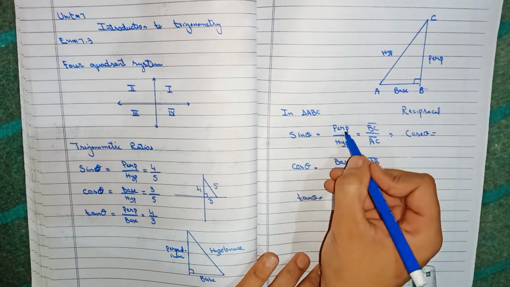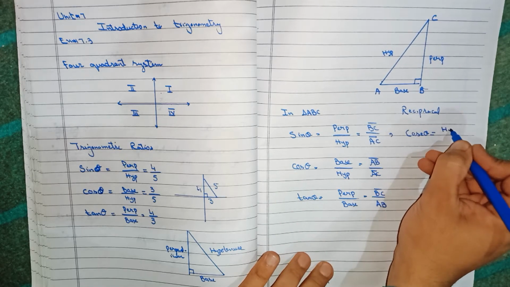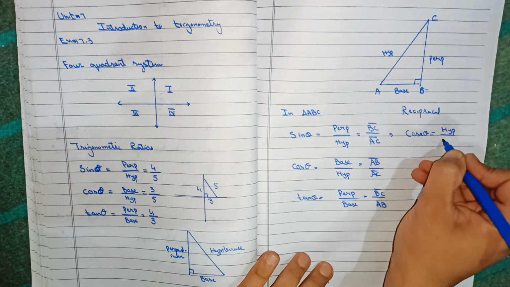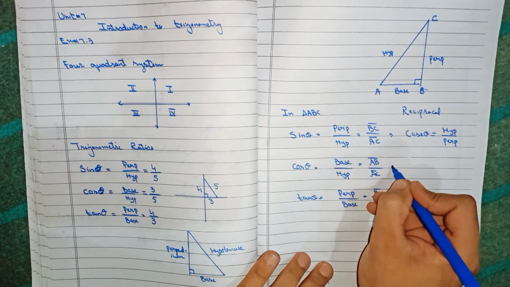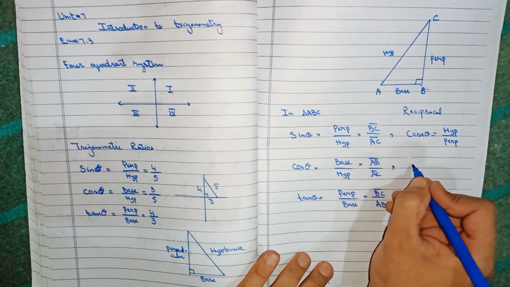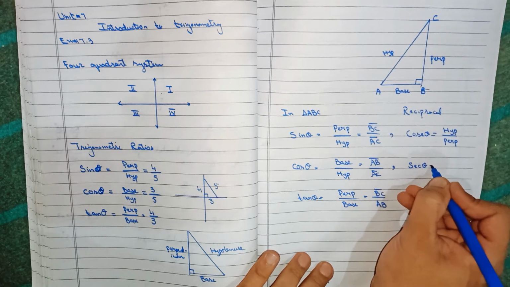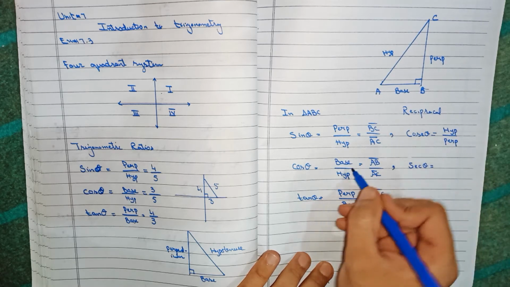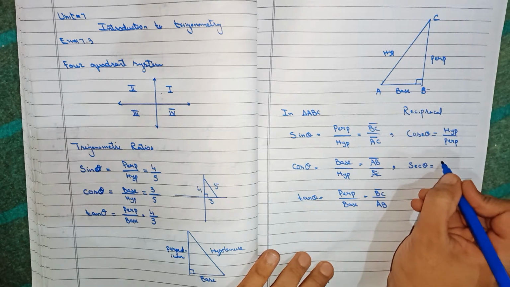As sine is perpendicular to hypotenuse, then cosecant will be hypotenuse over perpendicular. The opposite of cos theta is secant theta. As cos theta is base over hypotenuse, secant theta is hypotenuse over base.